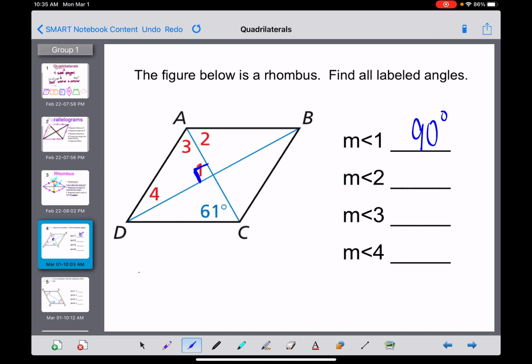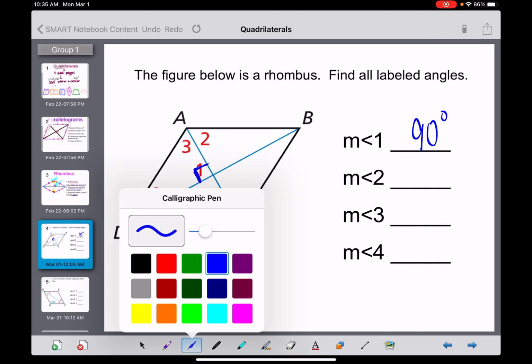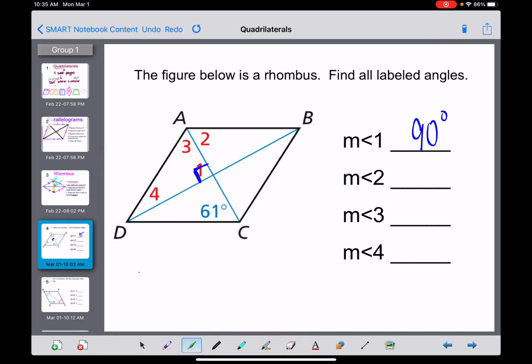The second angle that I can find is angle number 2, because recall, opposite sides are parallel, so a diagonal serves as a transversal. And now I have alternate interior angles, and we know that alternate interior angles are congruent, so angle 2 is also 61 degrees.